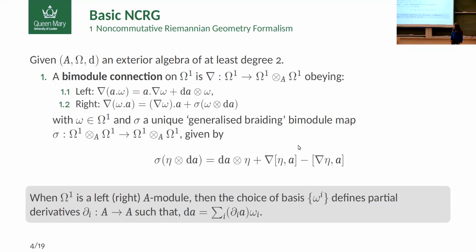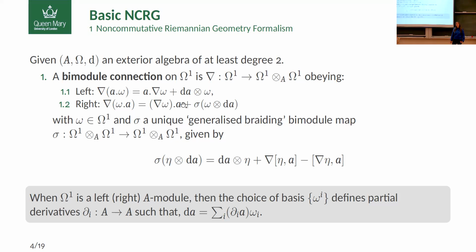Now that I have the metric, I'm allowed to work a little bit with connections, because this is non-commutative. I have a definition on the left and on the right. And if you spot it, this is the way that they interact because this is non-commutative, but also the relation between the left and the right parts is basically given by this sigma mapping here.